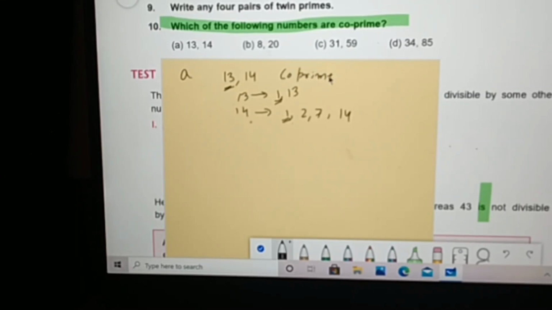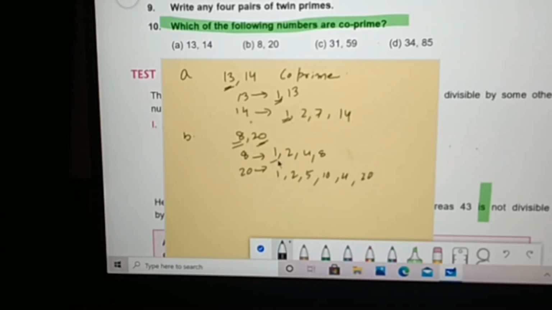And let's check B. In B we have 8 and 20. So you have to list the factors of 8 and list the factors of 20. You will see 8 has 1, 2, 4 and 8. Here 20 has 1, 2, 4, 5, 10 and 20.